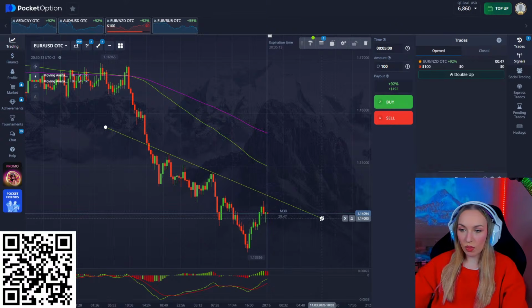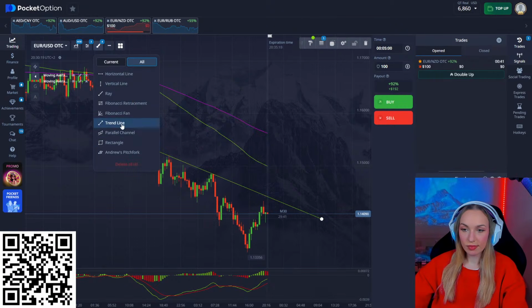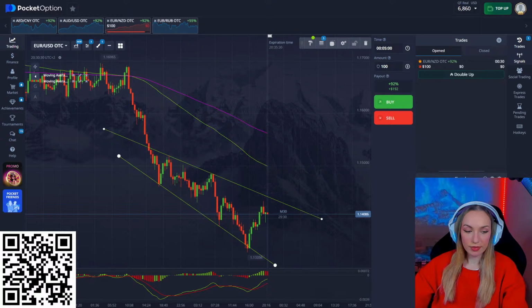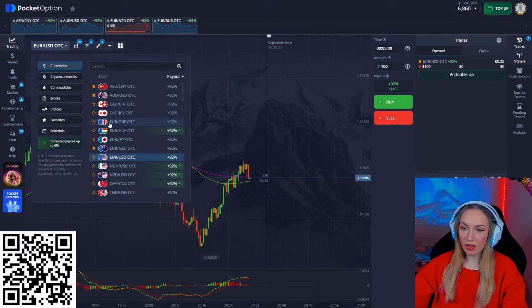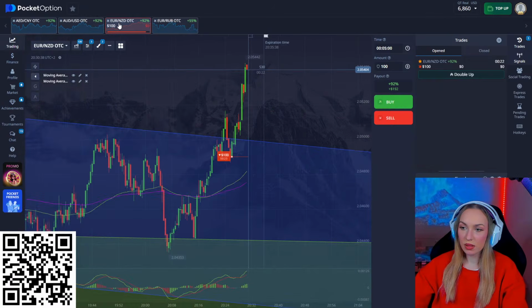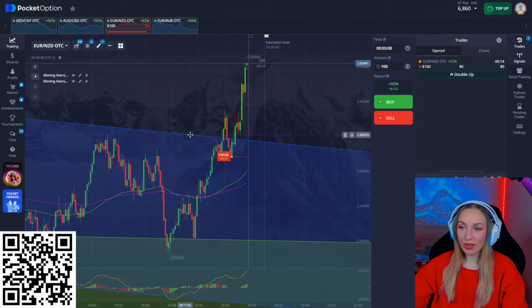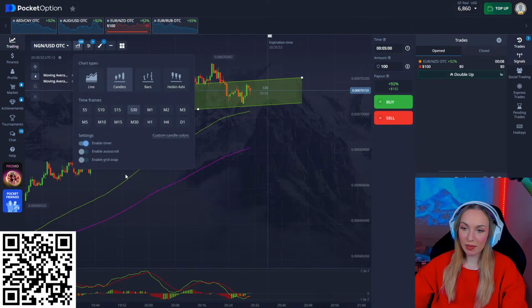So, what about euro dollar here? I see the support is pretty weird, you know? I don't think that I want to open the trade here. And yeah, Euro NZD has no chance to go down, so RIP to Euro NZD. Okay. Let's analyze some other charts.